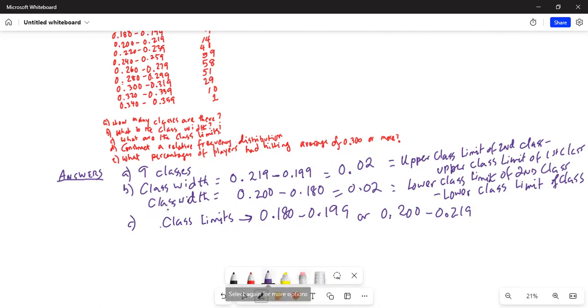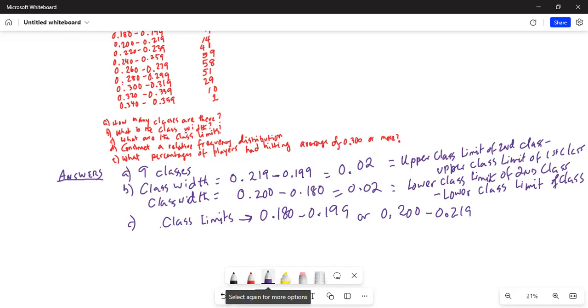Then part D, construct a relative frequency distribution. In order to do that, we have to add up all the frequencies.